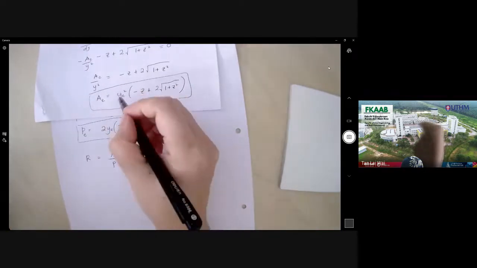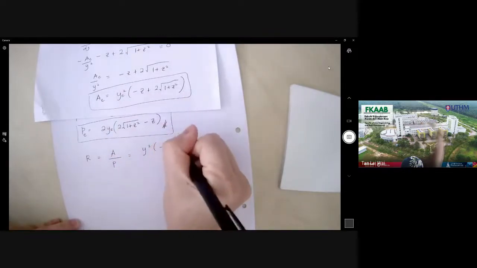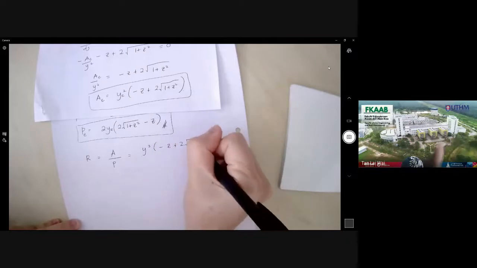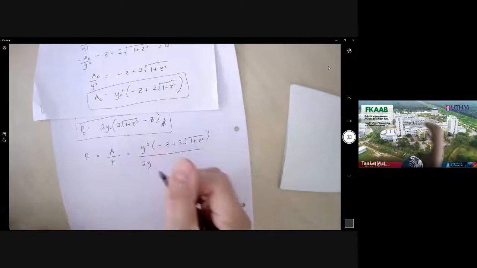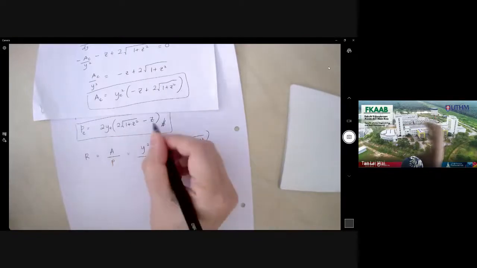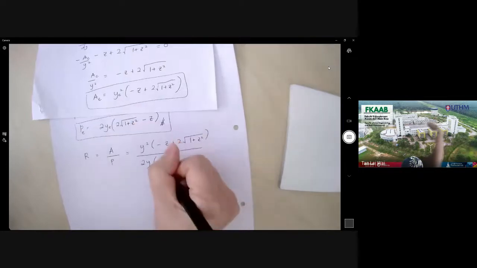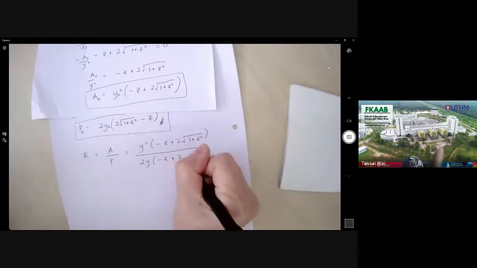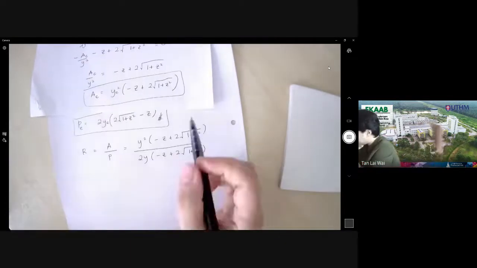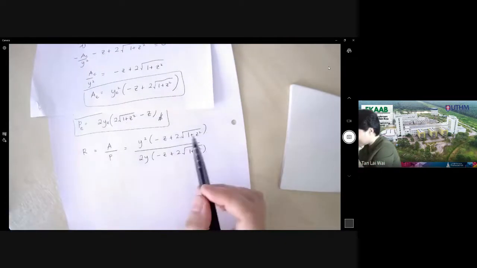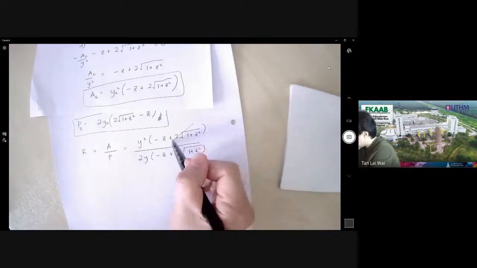I'll just do it without the subscript E first. This is basically the same. I'm writing this first, but now I'm going to write this first, so that you'll see the similarity here. Because this is a multiplication expression, I can cancel it.